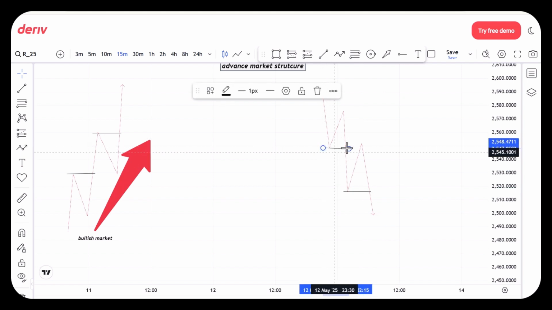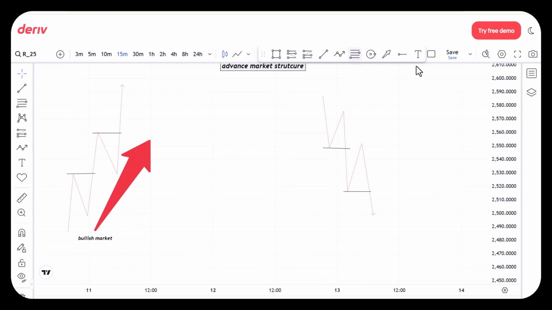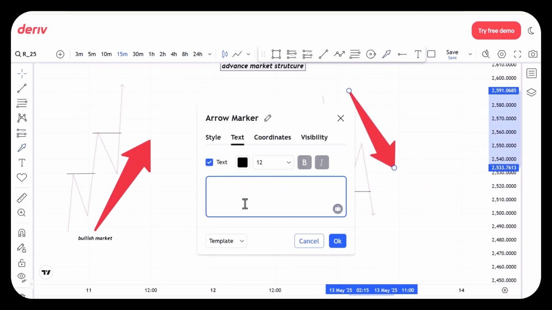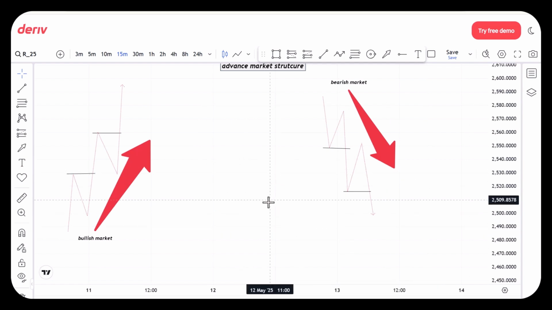If you have watched this video, this is more like a recap. What I'm saying right now should not be a problem to you. This is a bearish market because it is trending towards the downward direction. I believe this is taken. This is one of the things we look at under basic market structure.